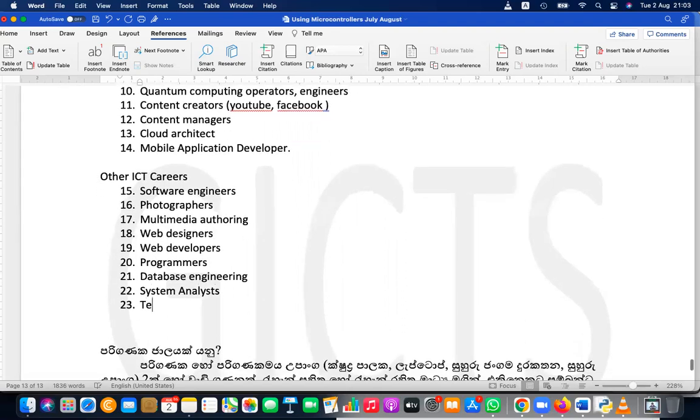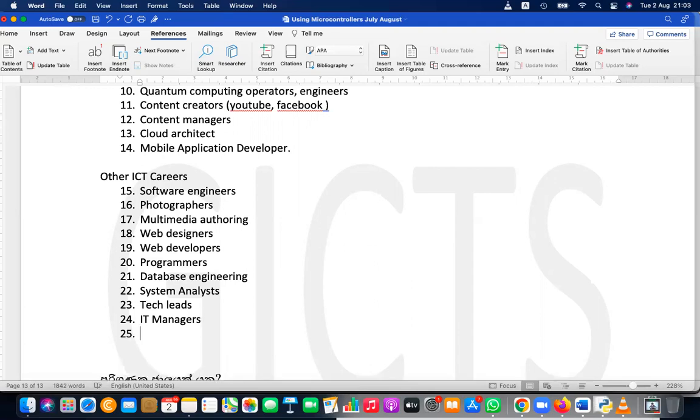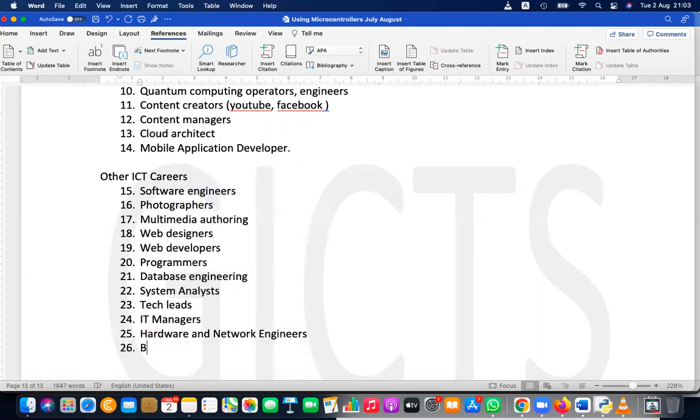Tech leads, and IT managers. These are also there because these jobs have been there for a long time. Hardware and network engineers. Business process outsourcing officers. These are some other categories.